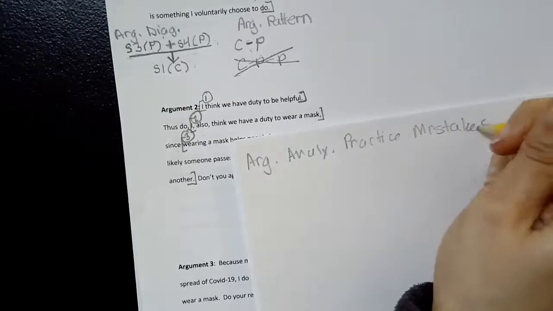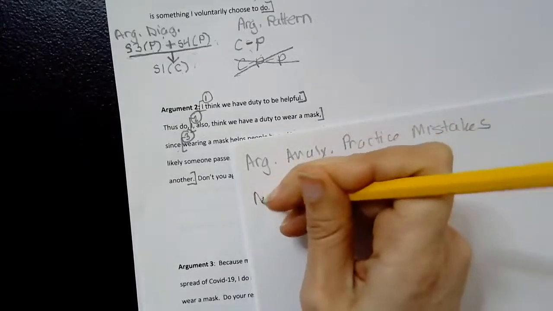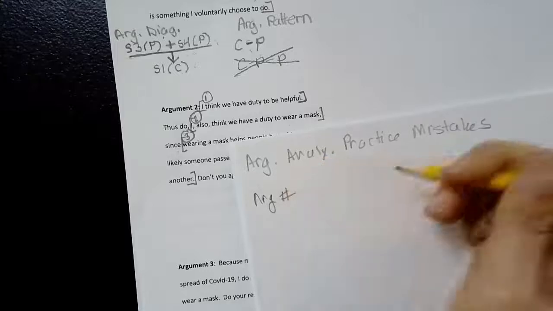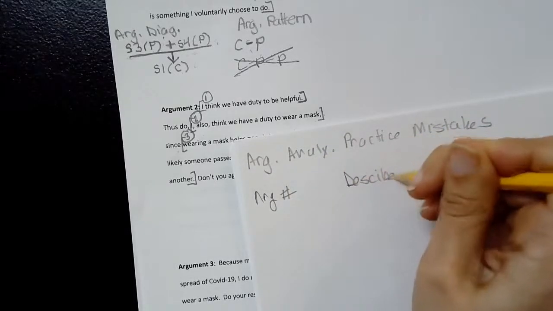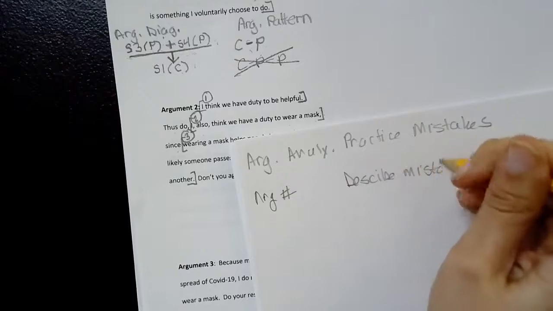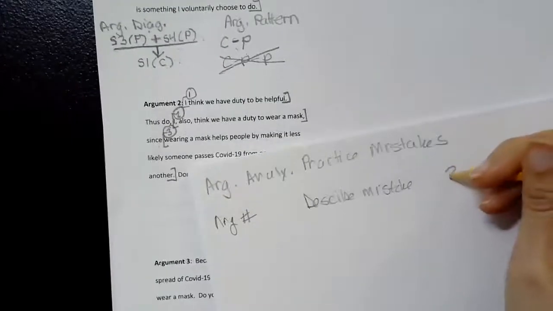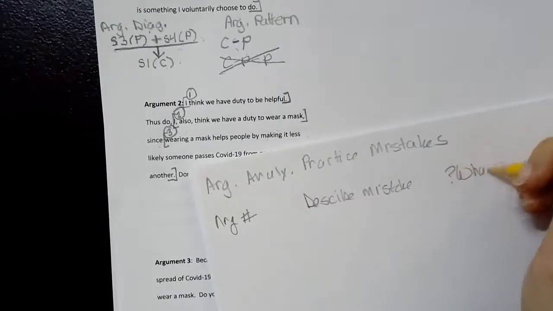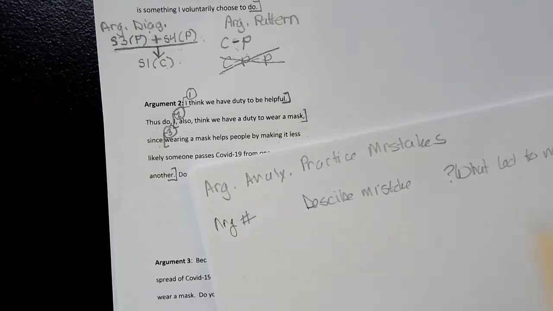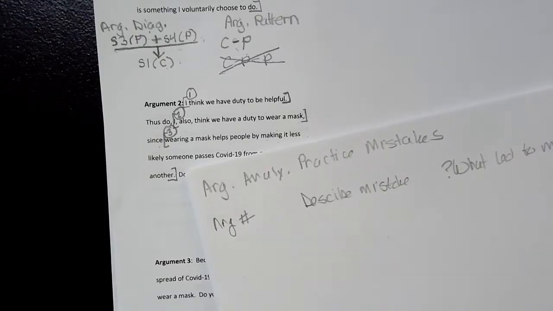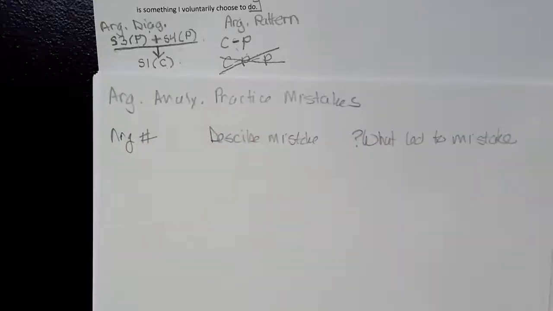And what you can do is put the argument number, describe the mistake, and then write down what led to the mistake. And then each time you do this for a grade or practice, you can review your mistakes to learn from them and keep them in mind so that you don't repeat them. But this is purely optional and totally up to you.